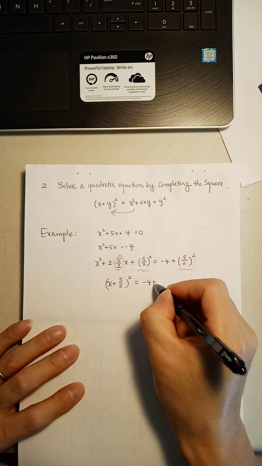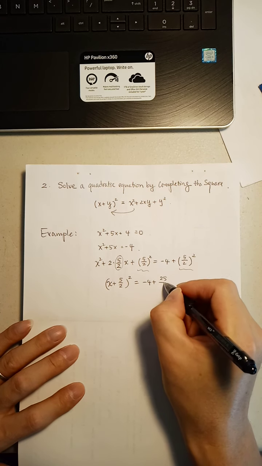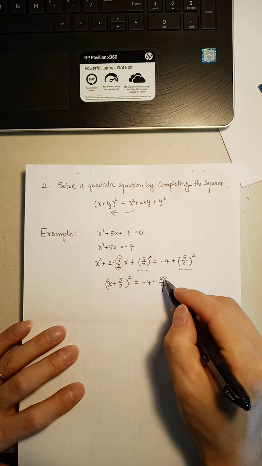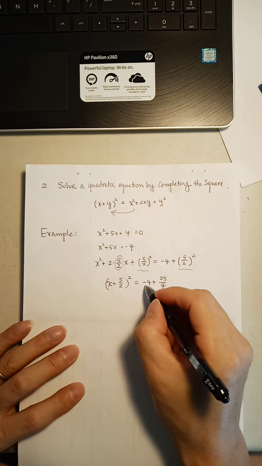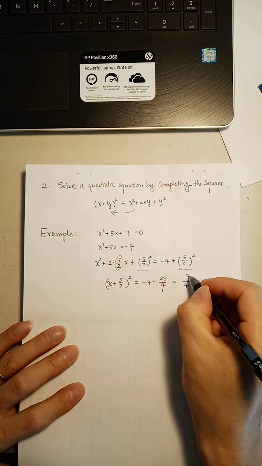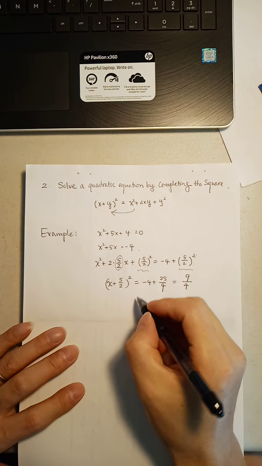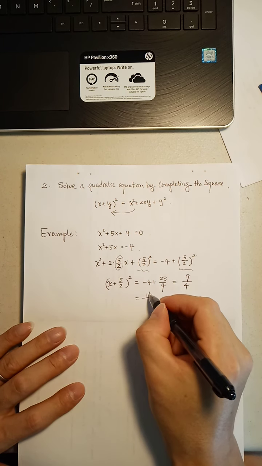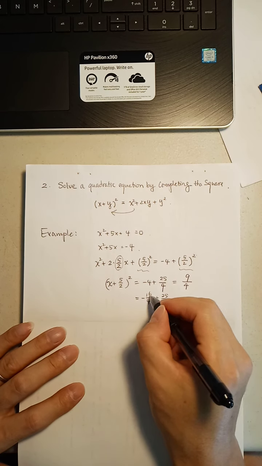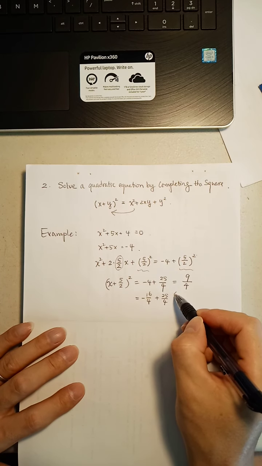It's negative 4 plus 5 over 2 squared, which is 5 squared over 2 squared. So it's 25 over 4. 25 over 4 plus negative 4 is 9 over 4. You first write this negative 4 as negative 16 over 4, and then you get 25 minus 16, you get 9 over 4. Okay, so that's a way to get this 9 over 4.